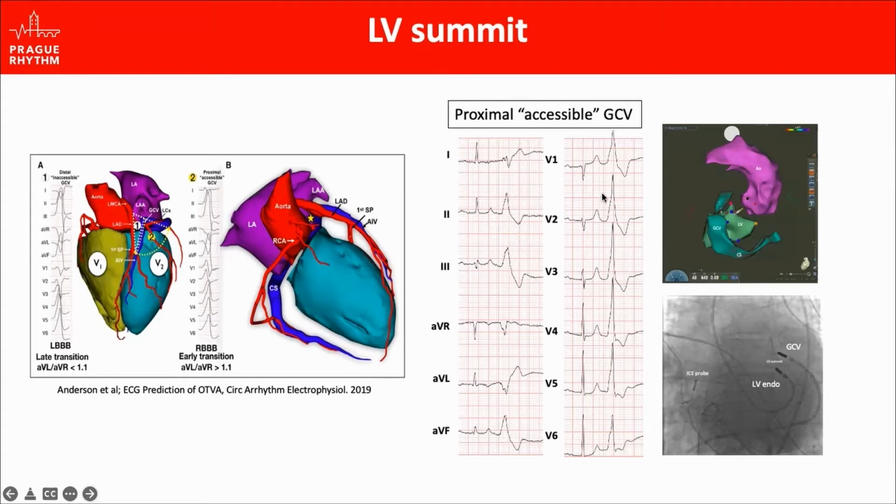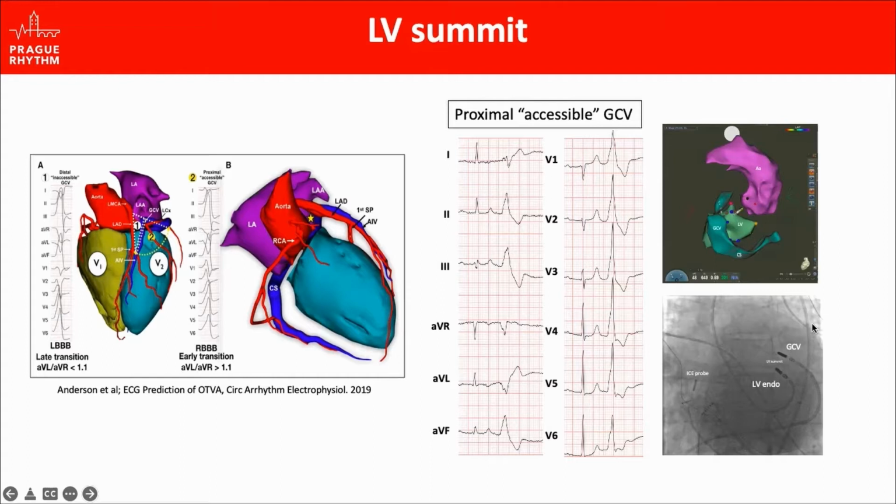And here I wanted to show you one case from our workshop from last year. We had a patient with one previous failed ablation, and he had this proximal or accessible site morphology with biphasic QRS and RBBB morphology.